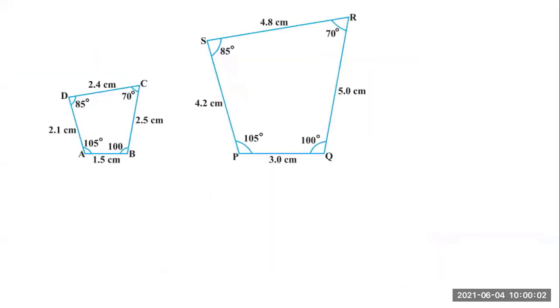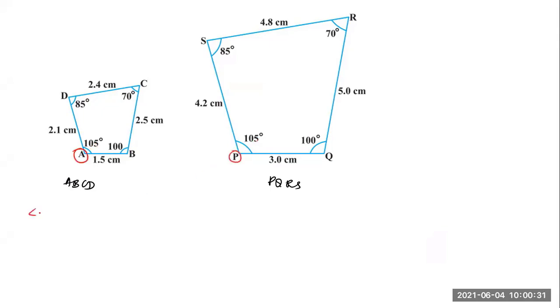Okay then. So now we check this figure. This is figure ABCD, and this is PQRS. Now we need to check whether they are similar or not. To check similarity, the angles should be equal and the sides should be proportional. So first we'll check the angles. Here angle A is 105 and angle P is also 105.